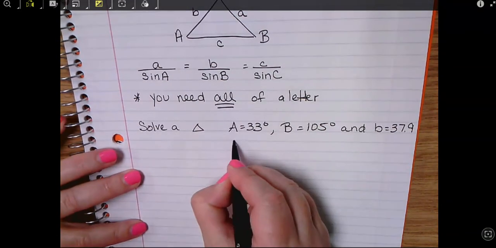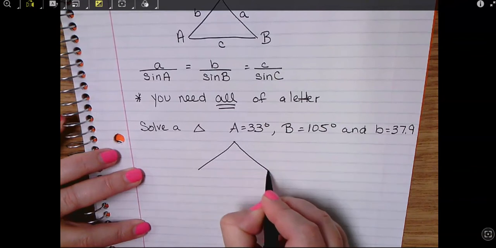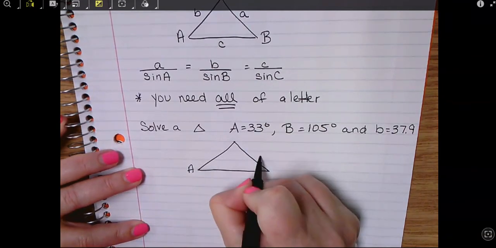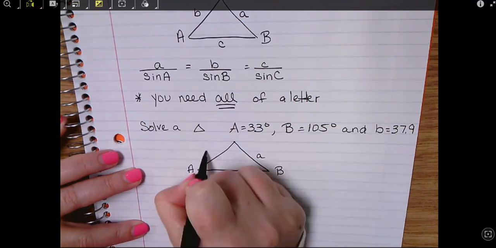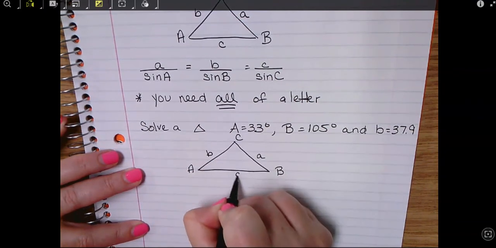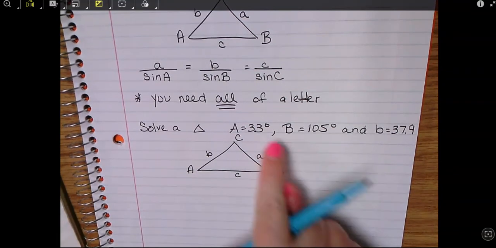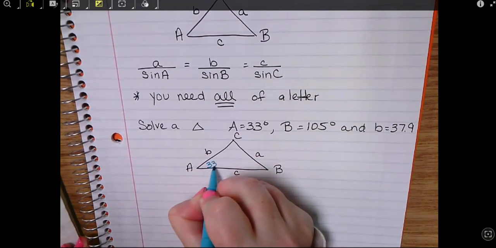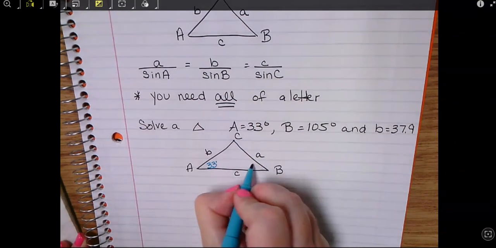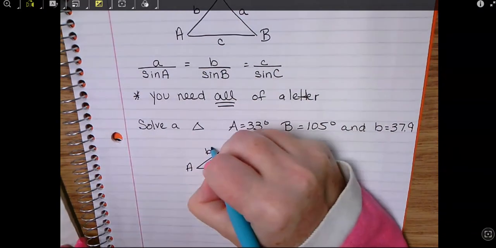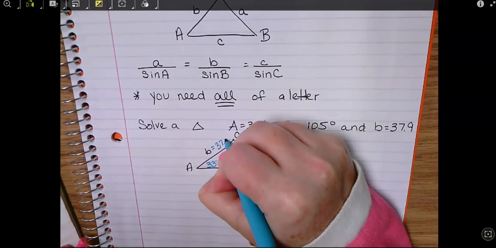Let's start off by drawing a triangle: A, little a, B. We know big A is 33 degrees, big B is 105, and little b is 37.9.